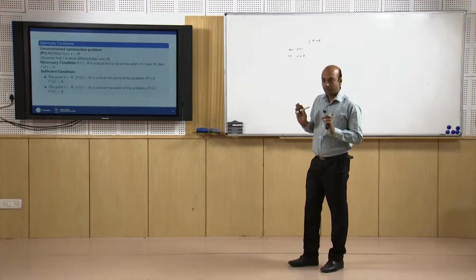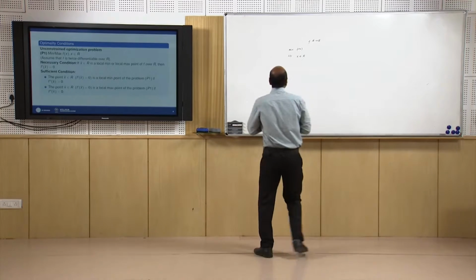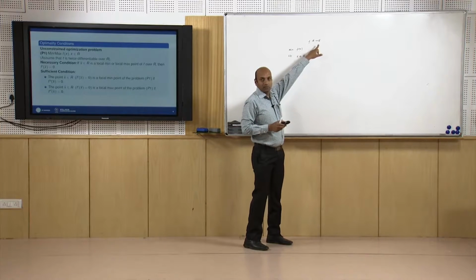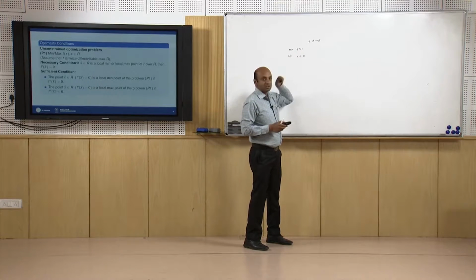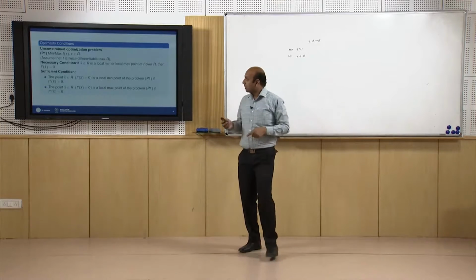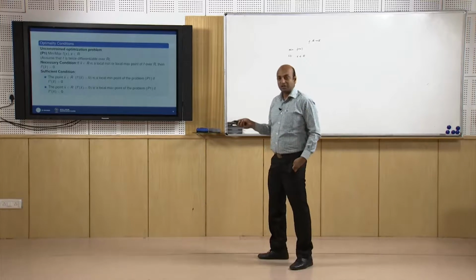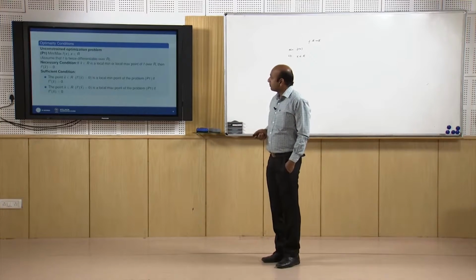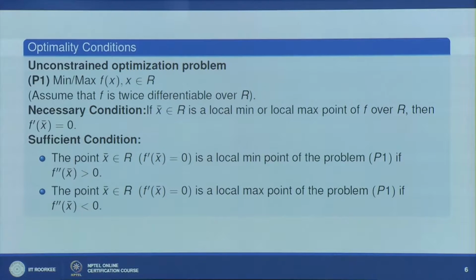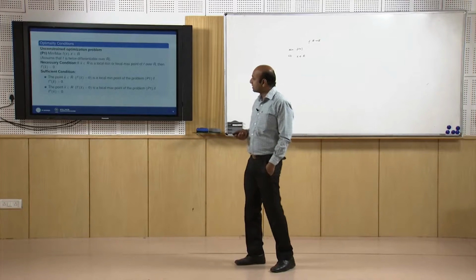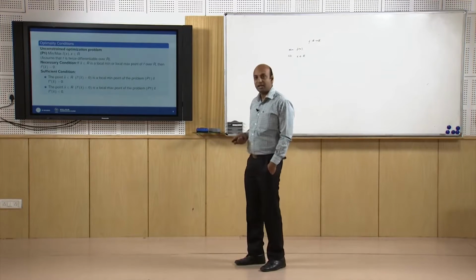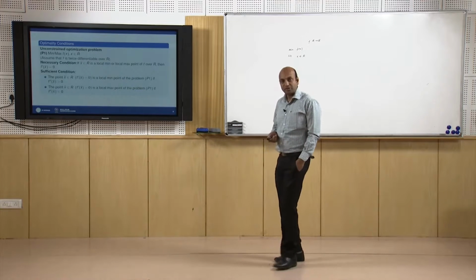Now, to study the optimality condition for such type of problems, we start with a function from R to R. Okay. We already know how to minimize a function from R to R. We first have a necessary condition. The necessary condition is, if x bar belongs to R is a local minimum or local maximum point of f over R, then always f dash of x bar will be 0. We are assuming the function is twice differentiable.